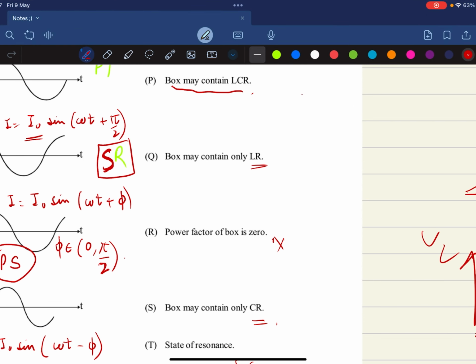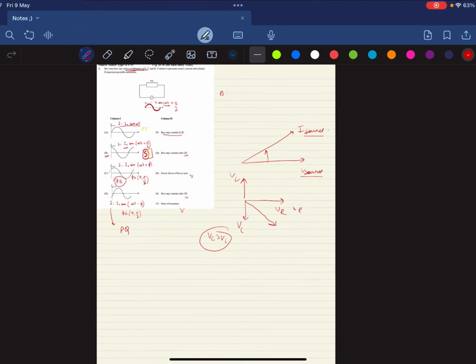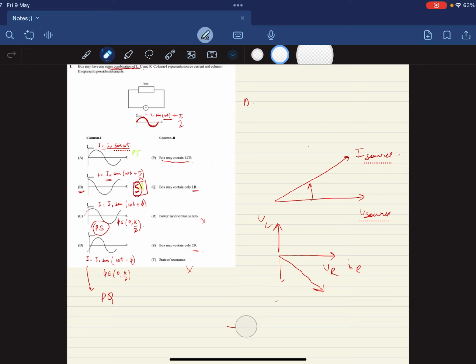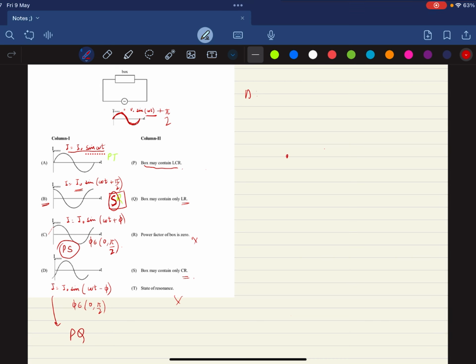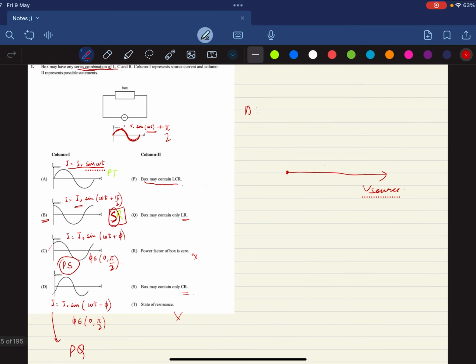So we have just got this wrong. Let's see why. This is our V source, and the I source is leading by pi by 2. So this is our VR and IR.